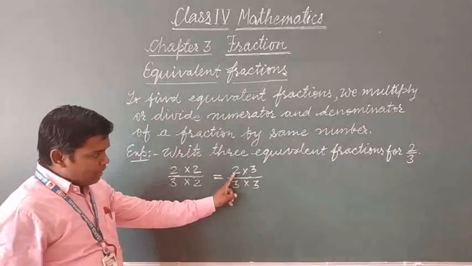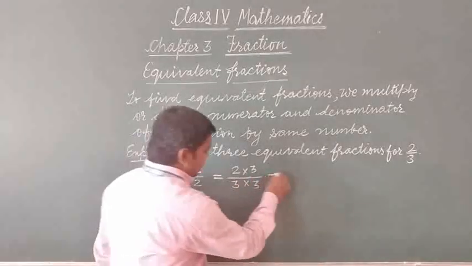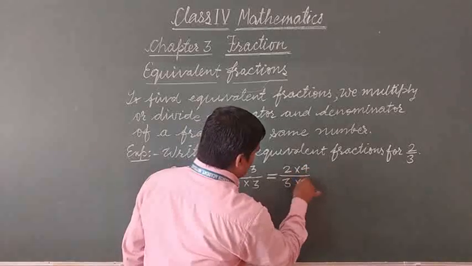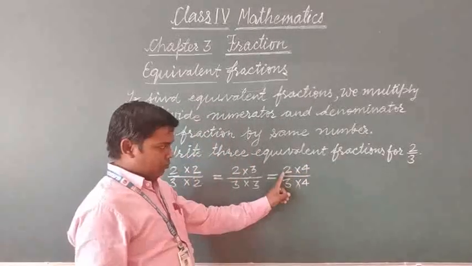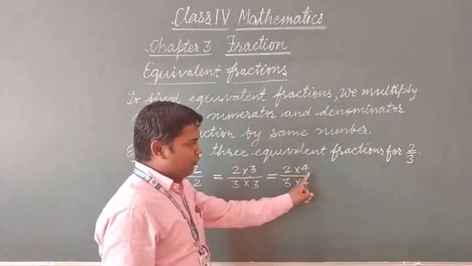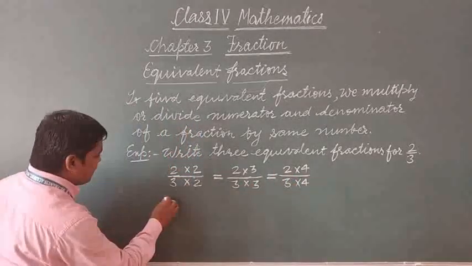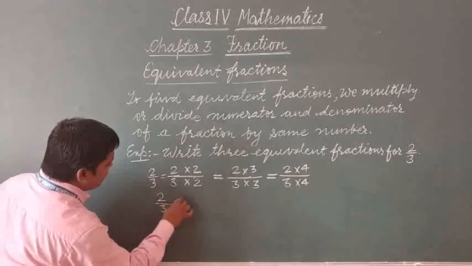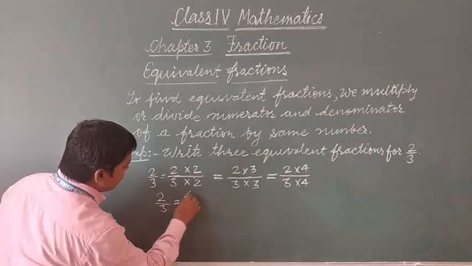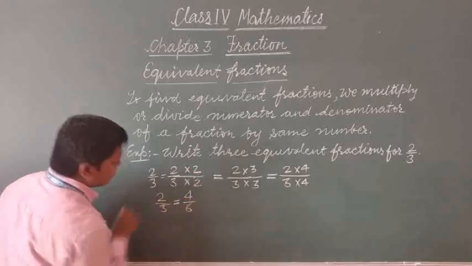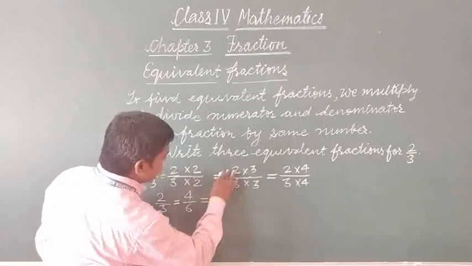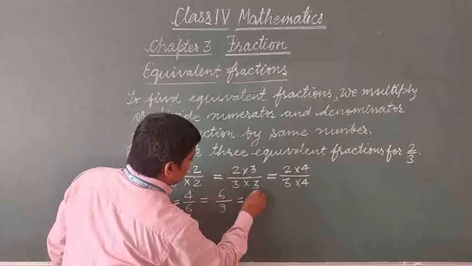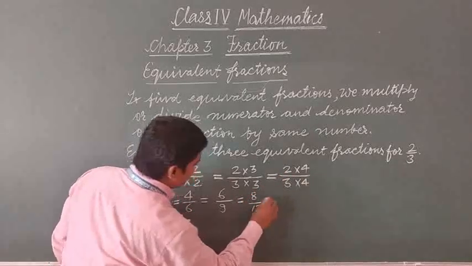I am multiplying numerator and denominator by 3, and to get the next one, I am multiplying the numerator and denominator of the fraction by 4. Here 2 threes are 6, 3 threes are 9, and here 2 fours are 8, 3 fours are 12.